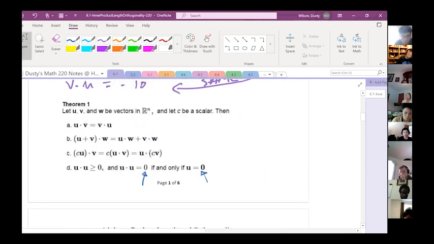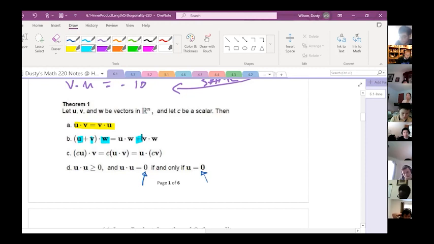All right. So theorem, nice friendly theorem. It says that the dot product is kind of sort of our friend. First of all, it says that the order doesn't matter. Secondly, it says that you can distribute across addition.